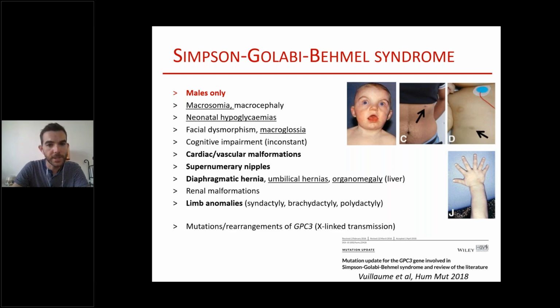But you can also see that some symptoms are more specific, including supernumerary nipples, cardiac malformations, diaphragmatic hernia, or limb anomalies. Simpson-Golabi-Behmel is only observed in males because SGB is caused by anomalies of the GPC3 gene, which is located on chromosome X.